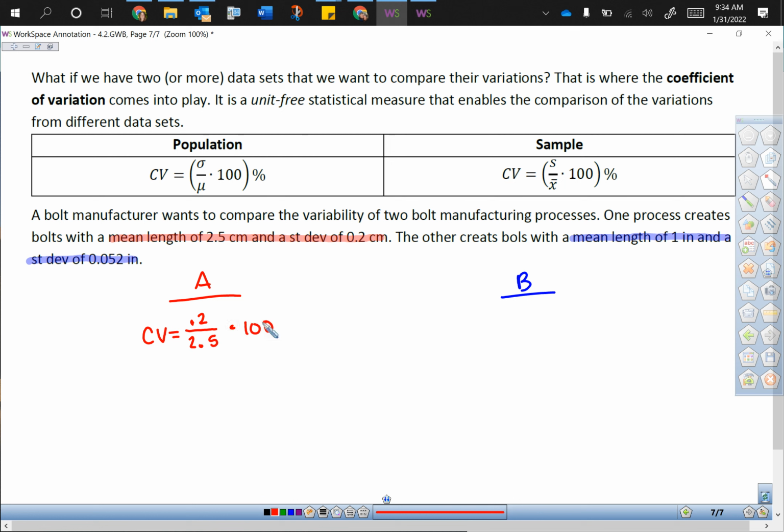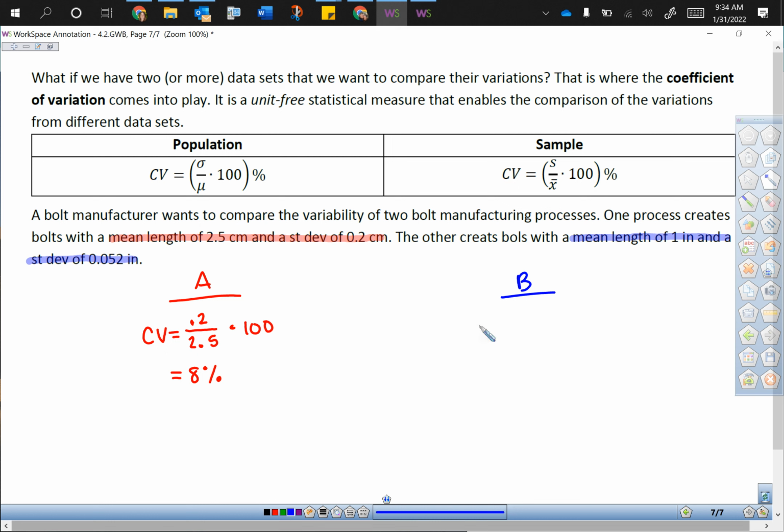That's all we're going to do. So in our calculators, 0.2 divided by 2.5 times 100, 8. And remember, that turned it into a percent, so that's 8%. We're going to interpret that in just a minute.